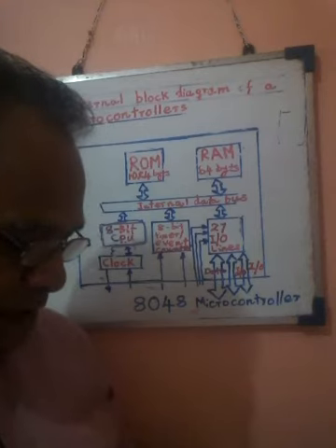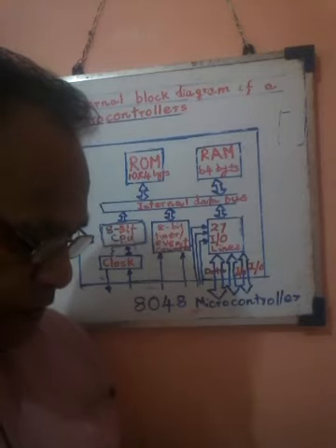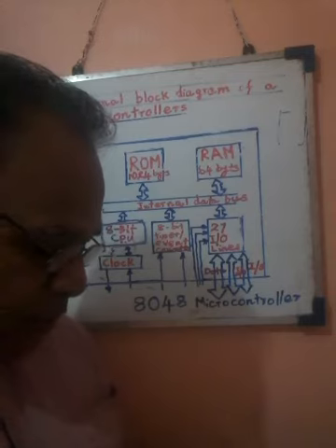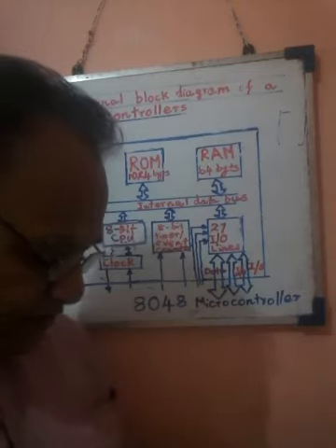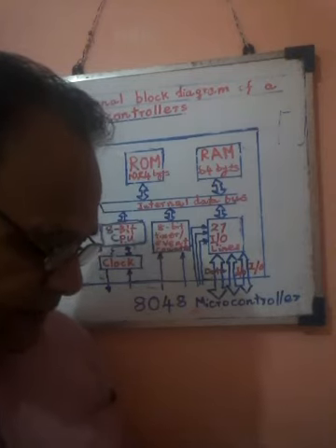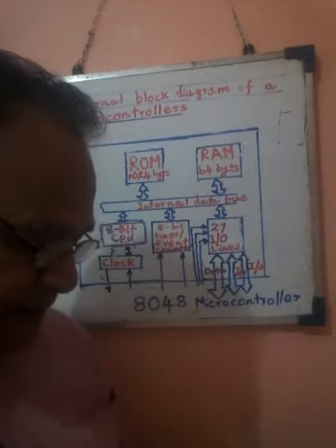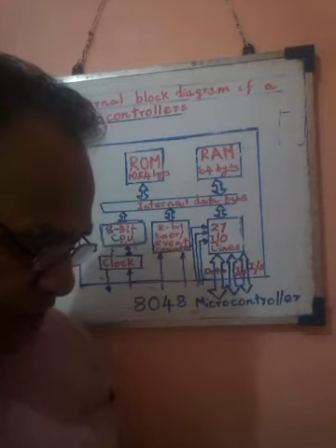Microcontrollers include these processes or functions. A, control system of domestic appliances. What are the domestic appliances? You know, washing machines, electric microwave ovens. These are used with microcontrollers as a control system.